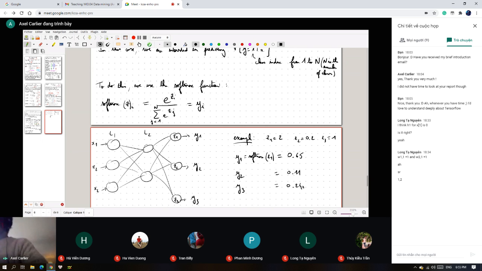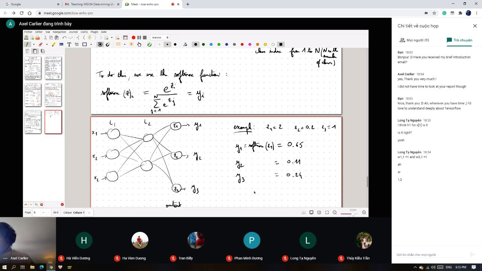Okay, so what does it mean? One very important property is that the sum of y1 plus y2 plus y3 equals to what? Can you compute it?